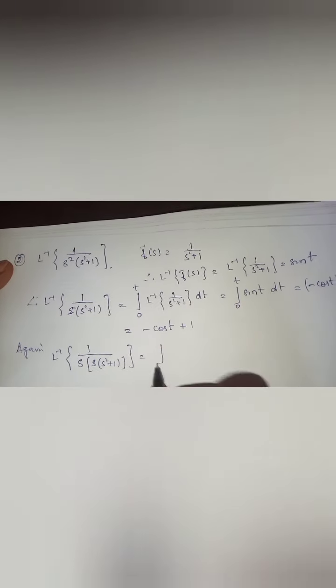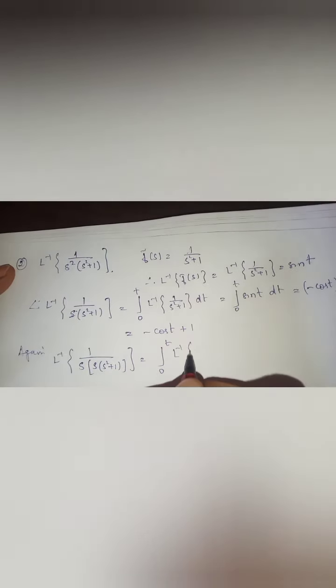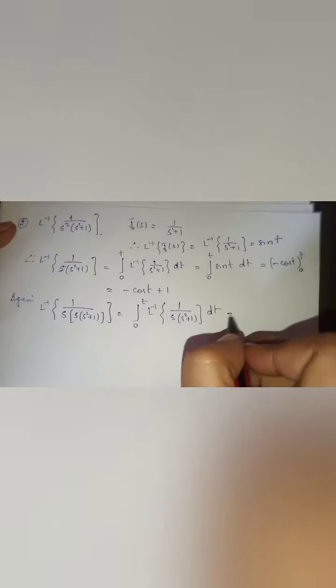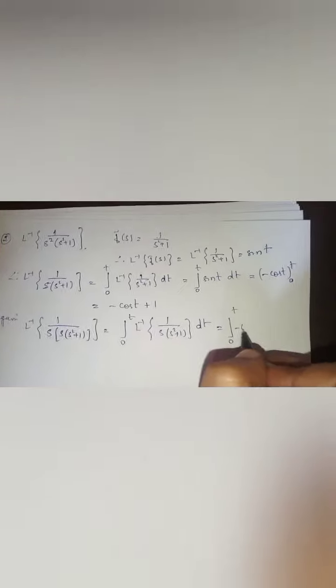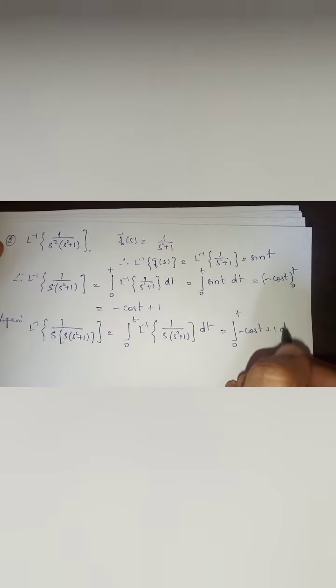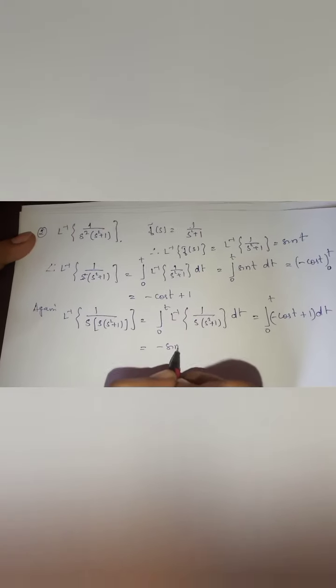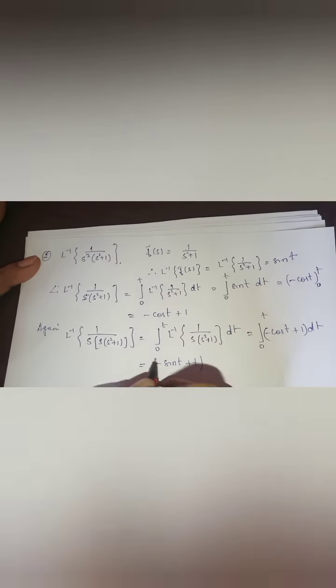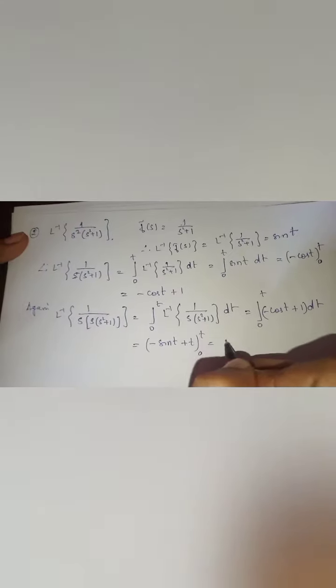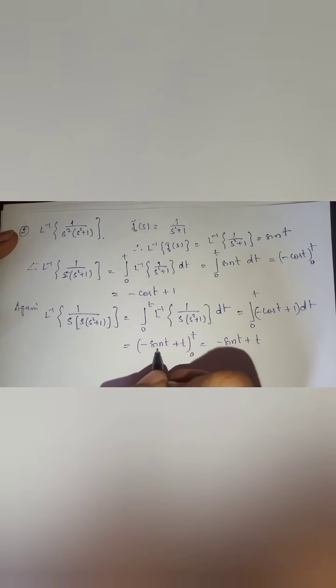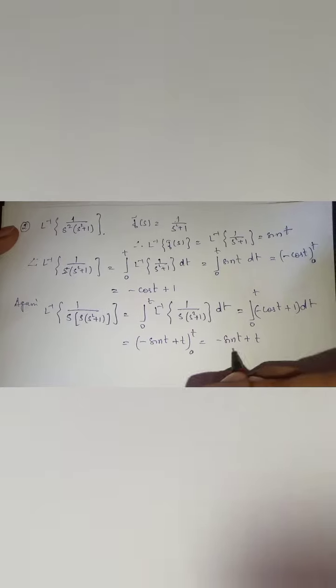It will be equal to the integral from 0 to t of the Laplace inverse of 1 by s into s square plus 1 dt. And this answer you have got as minus cos t plus 1 dt. So this becomes minus sin t plus t from the limits 0 to t. So it is minus sin t plus t; at the lower limit this becomes 0. So this is your answer.